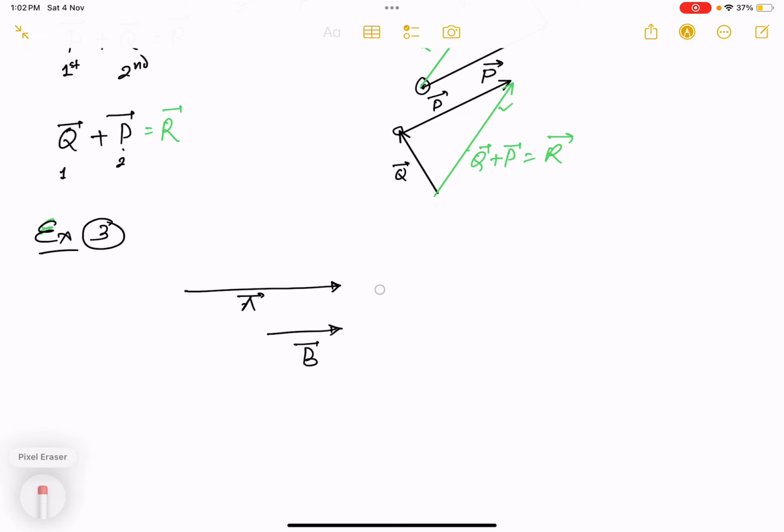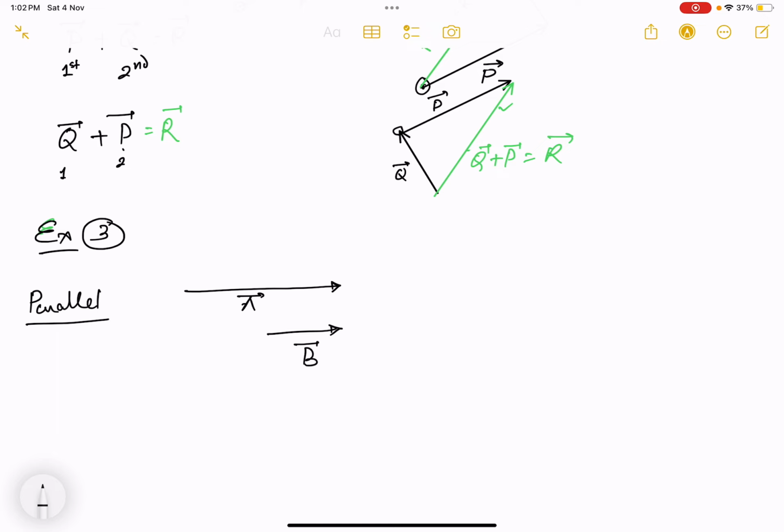They are typically called as parallel vectors. What do we call it? Parallel vectors. See, they are pointing in the same direction, so they are called parallel vectors.